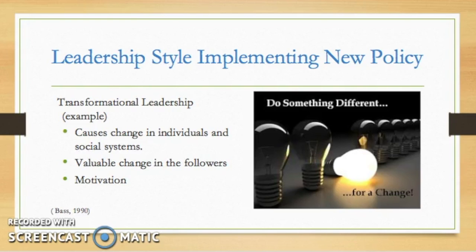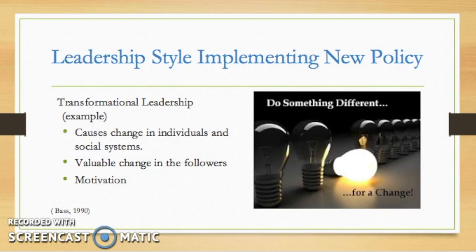We think that transformational leadership is a good example because transformational leadership theory or style is the type of approach that causes change in individuals and social systems, and we need to provoke that change in both individuals and social systems that include organizations, institutions, health policies in the different clinical settings.